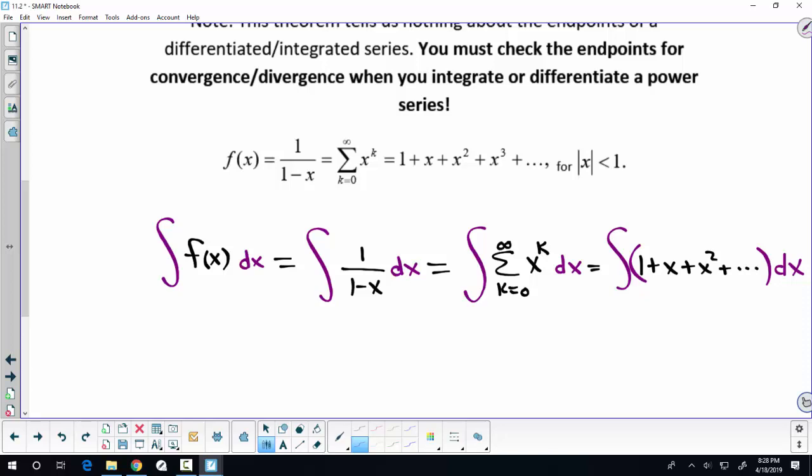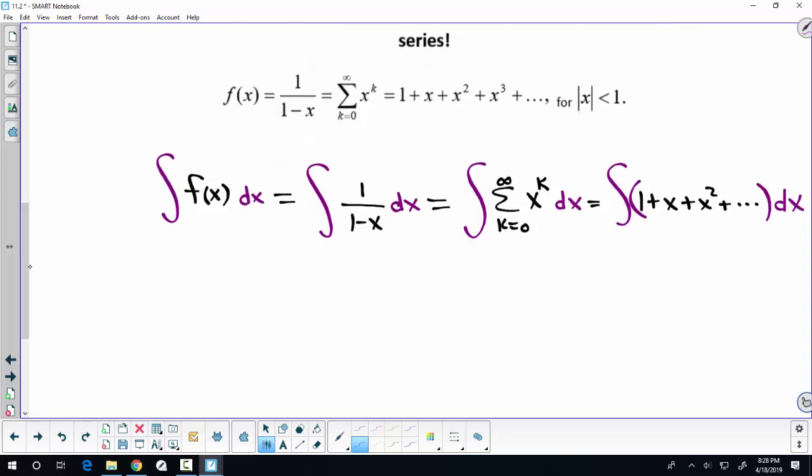Really, it's just one integral, right? There are just 4 different ways to represent that function. It's all the same integral. Keeping in mind that the original function, the geometric series, converges for the absolute value of x less than 1. So what is the antiderivative of 1 over 1 minus x?